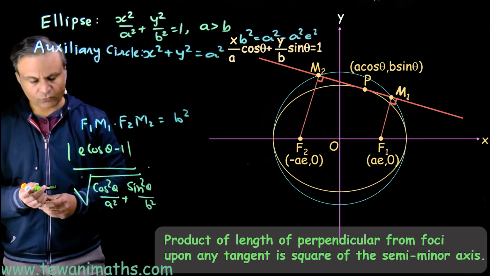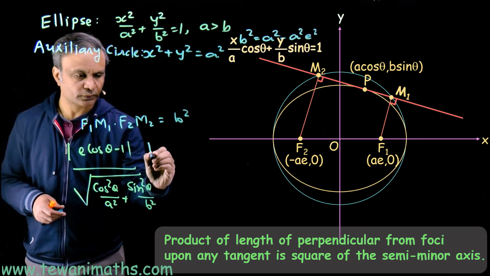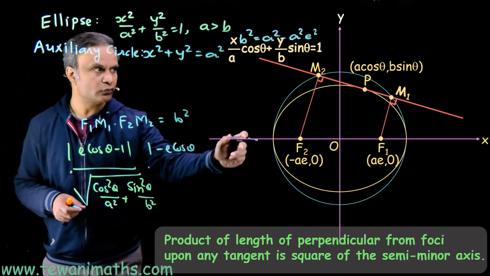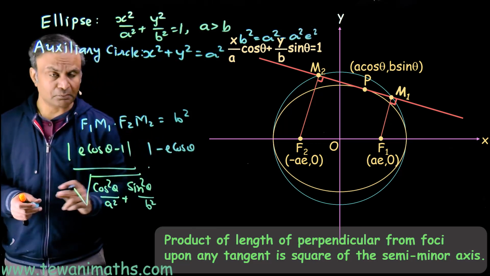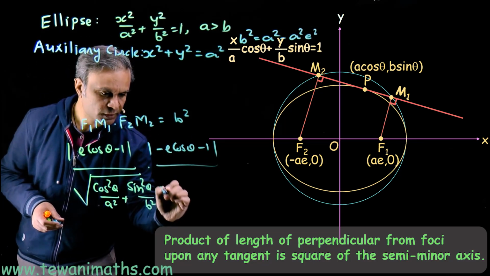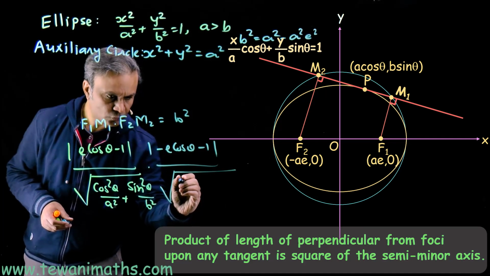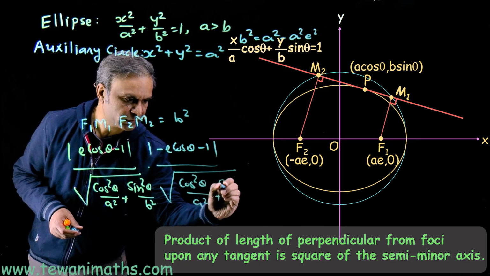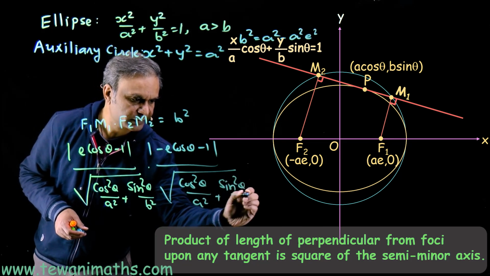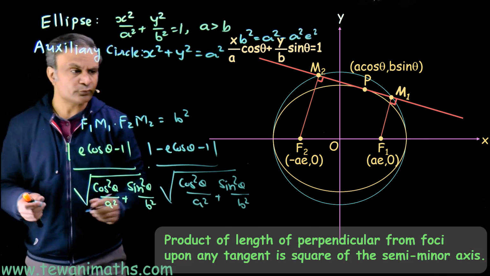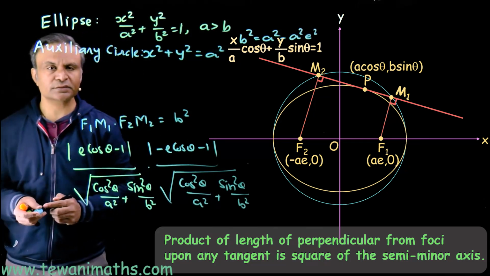Multiply by what is f2 m2? It is minus e cos theta. Distance of point f2 from tangent line is modulus of minus e cos theta minus 1 upon square root of cos square theta upon a square plus sine square theta upon b square. Okay. Now we have to prove that this product is b square.